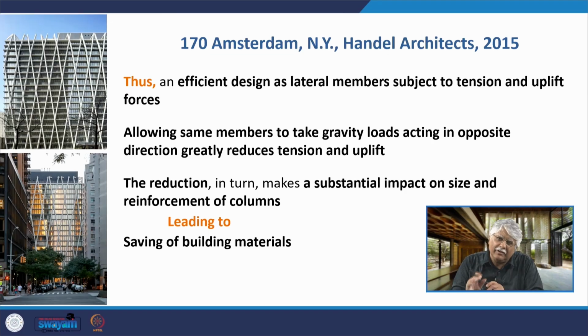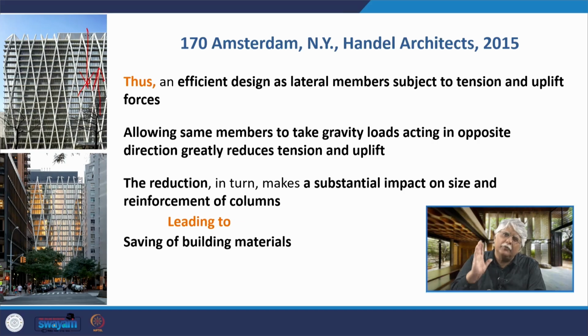Thus, it is an efficient design as lateral members are subject to tension and uplift forces. So, when uplift forces happen, the gravity load that is coming on it is able to counteract that. It allows the same member to take the gravity load acting in the opposite direction and greatly reduces both tension and uplift.